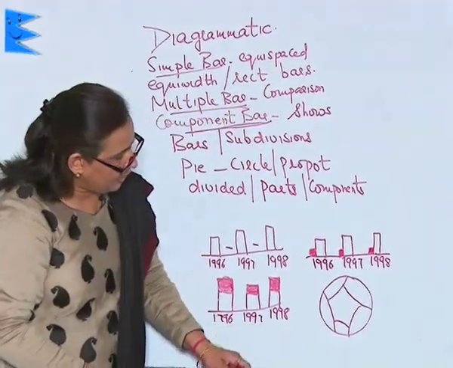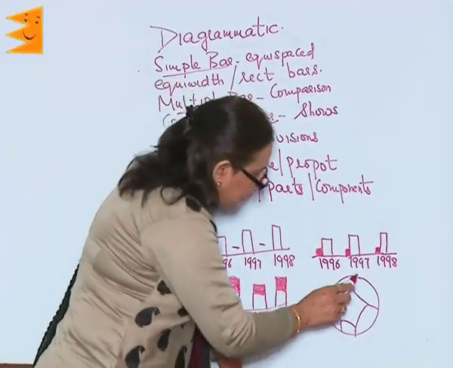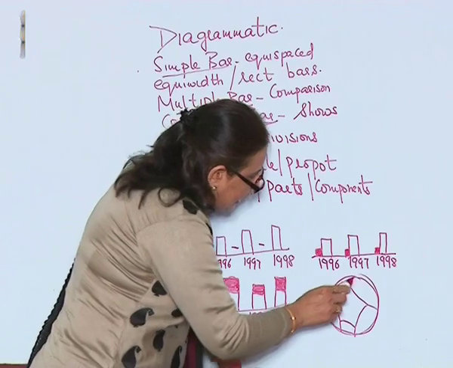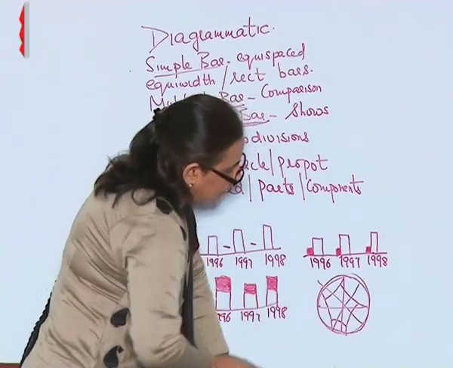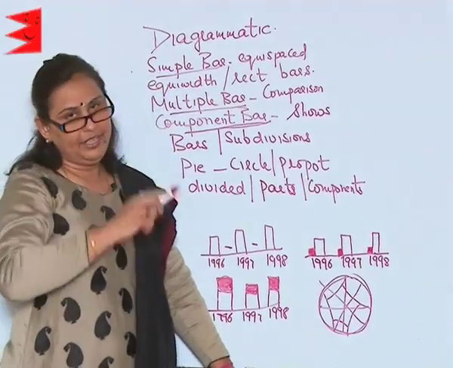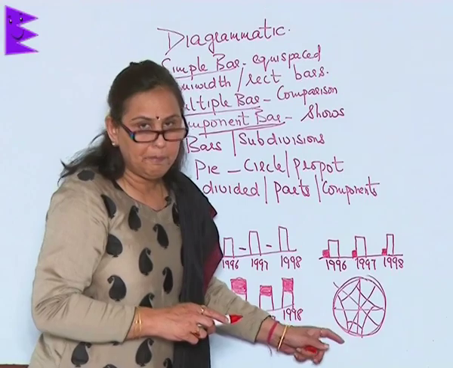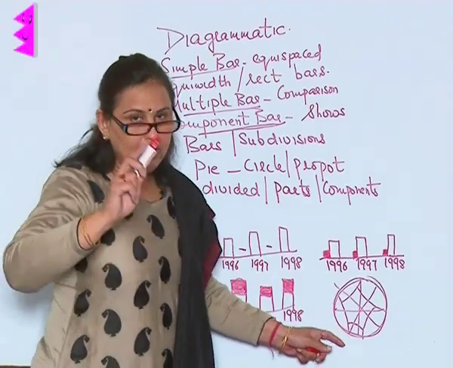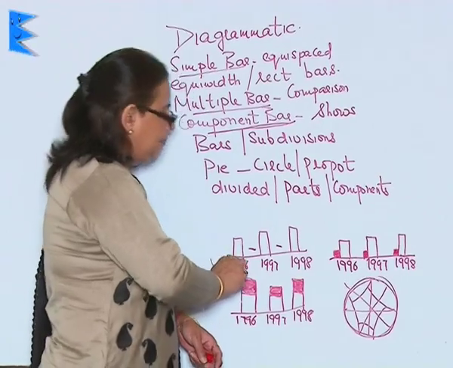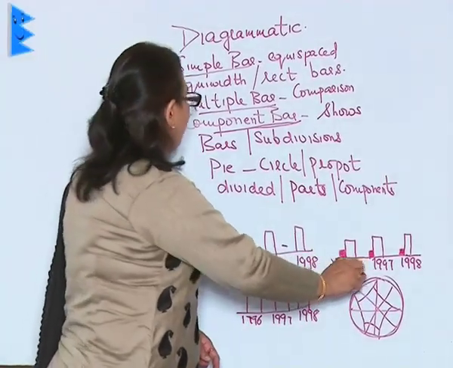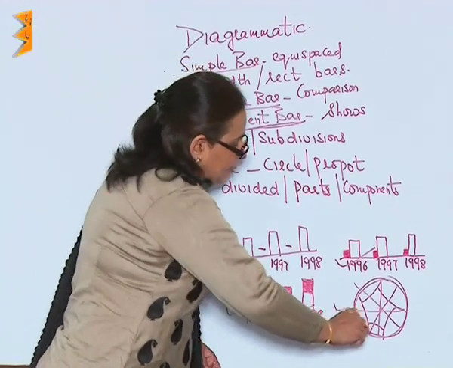So, here what I am presenting is different information in a circle, and this I am trying to do by subdividing the pie presentation, and this is called a pie diagram. So, you have learned the geometrical presentation of data, that is the simple bar and the multiple bar and also the component bar and the pie diagram.